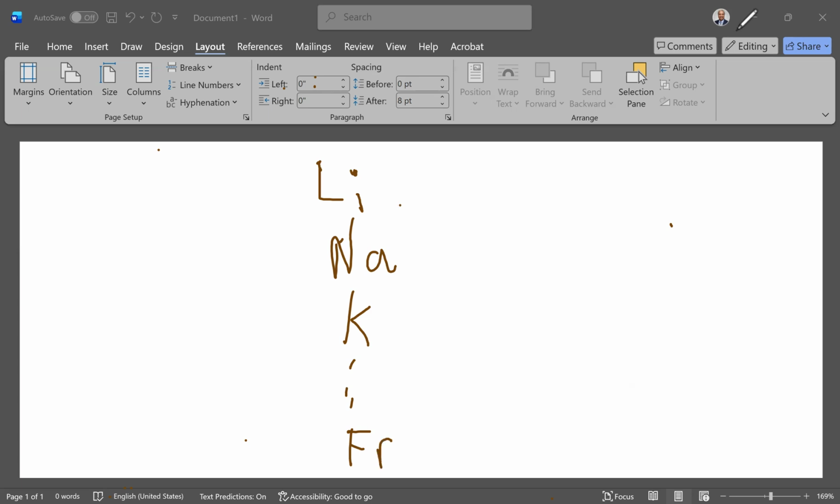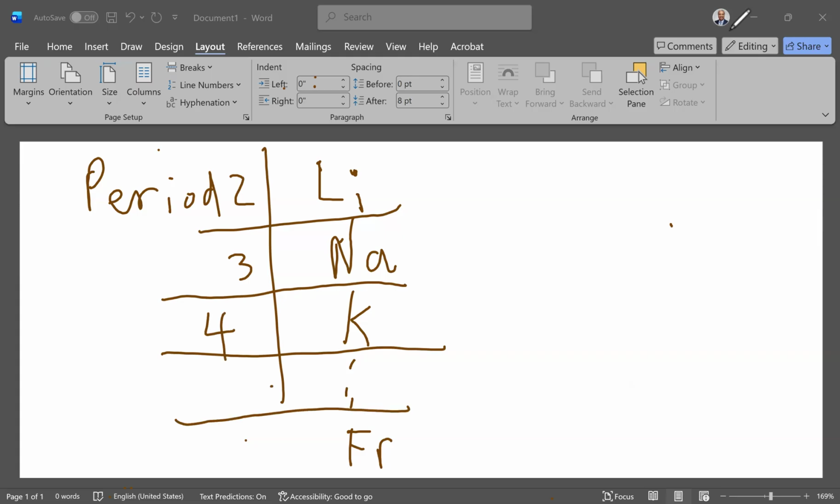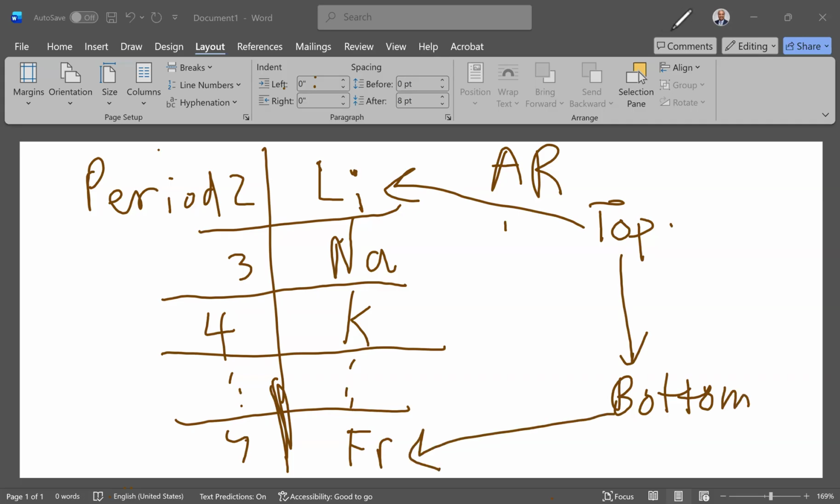So this is period number 2 of the periodic table, period 2. This is 3. This is 4, and it goes on to 7. 7 is the last one. So it looks like the atomic radius AR goes from the top to the bottom, to francium here, going down.